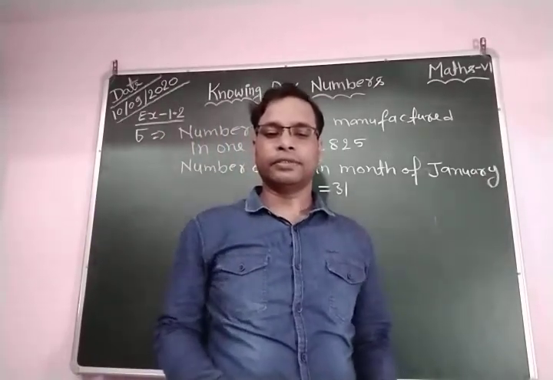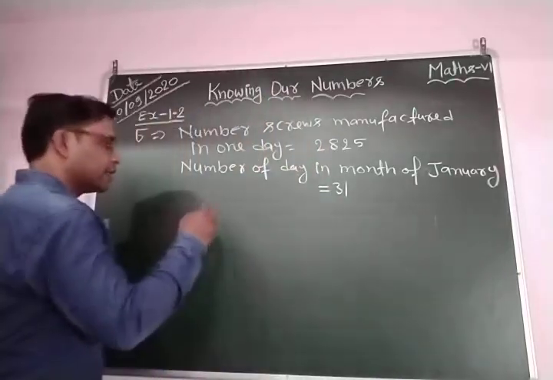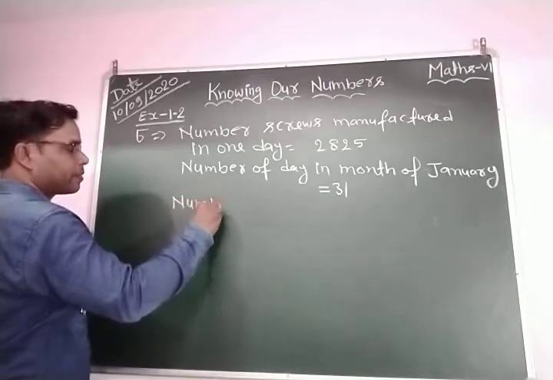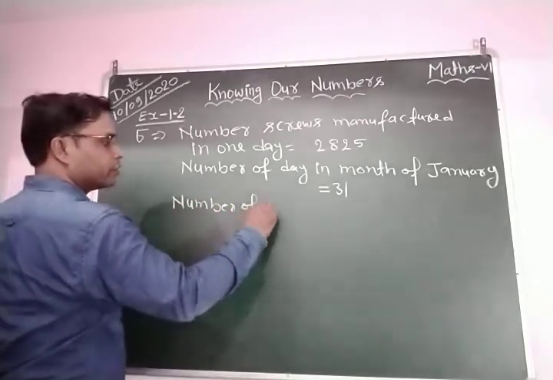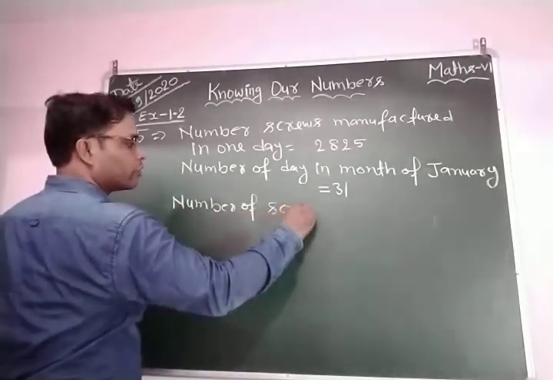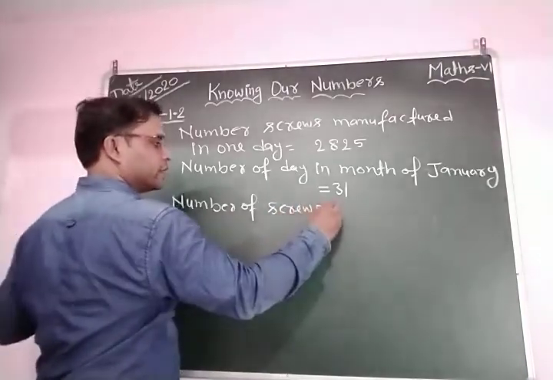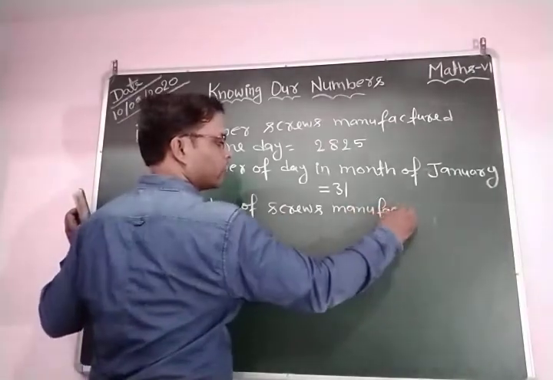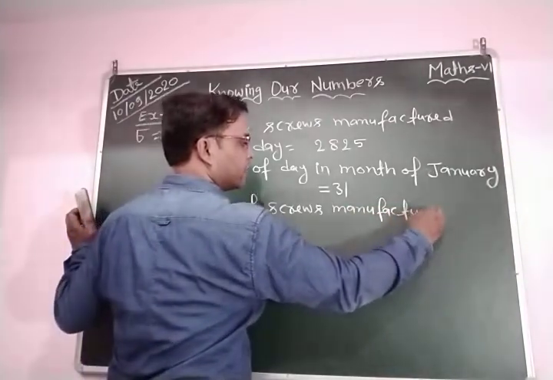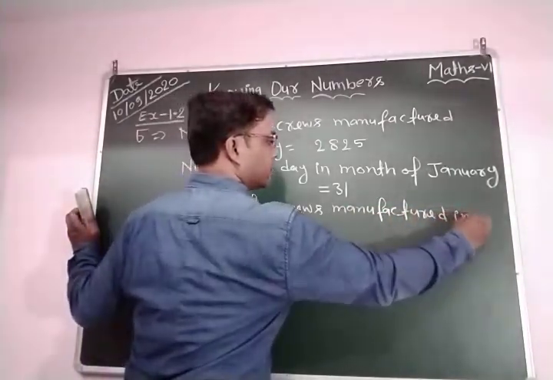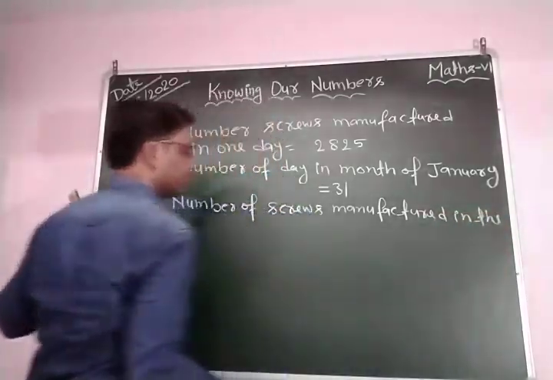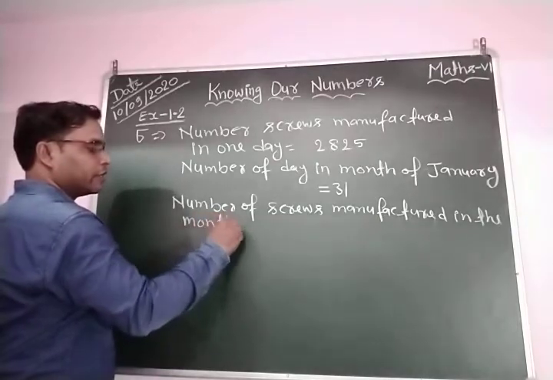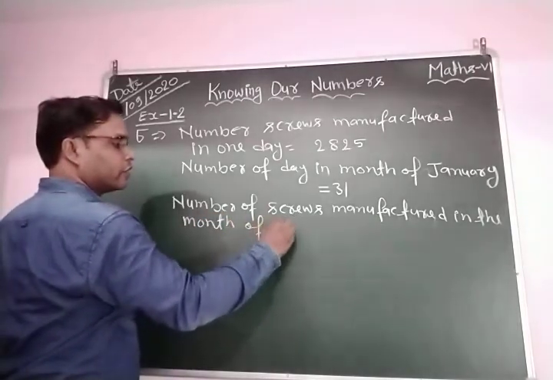Okay, so now we need to find the number of screws manufactured in the month of January. So you can write here: number of screws manufactured in the month of January.